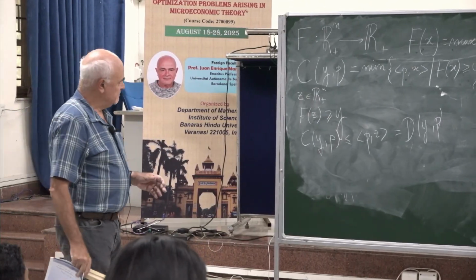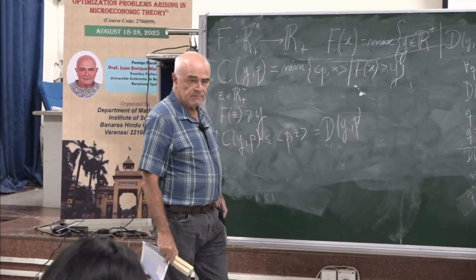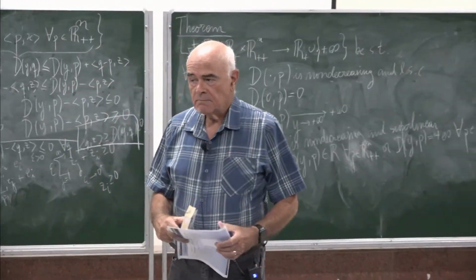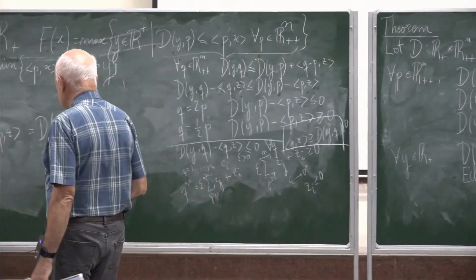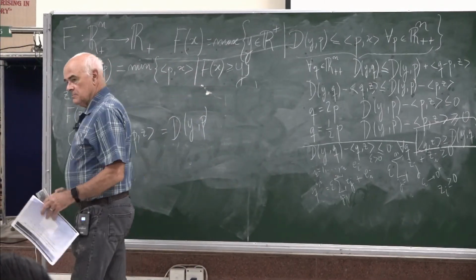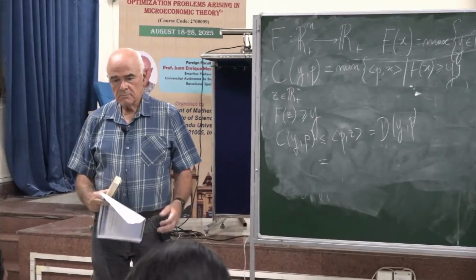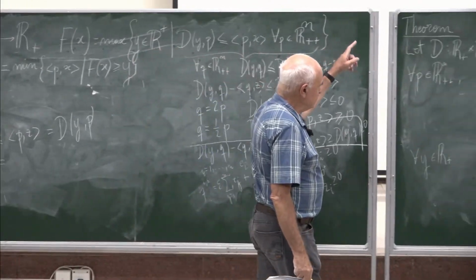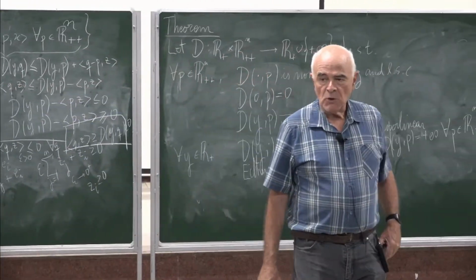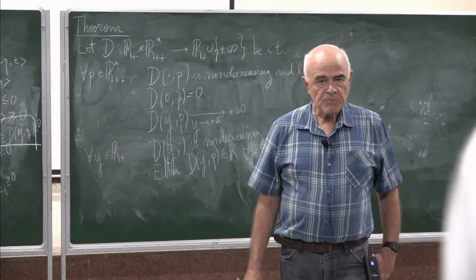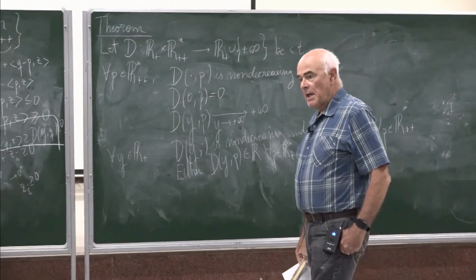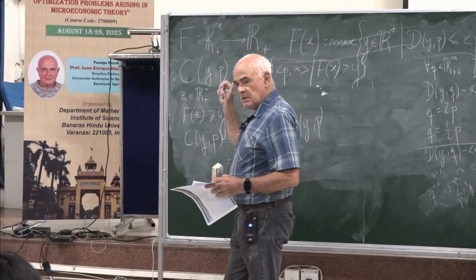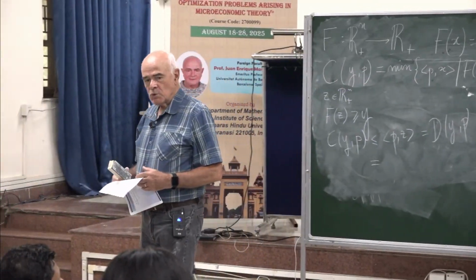Okay, we had the opposite inequality. So we have equality. So the conclusion is that every function satisfying all these conditions can be interpreted as a cost function because I have constructed a production function which induces that function as its associated cost function.